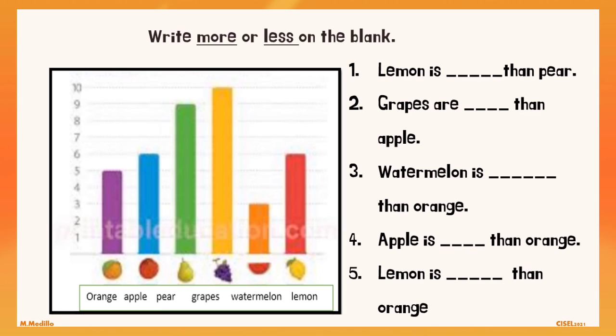Number 2. Grapes are blank than apple. Number 3. Watermelon is blank than orange. Number 4. Apple is blank than orange. And number 5. Lemon is blank than orange.